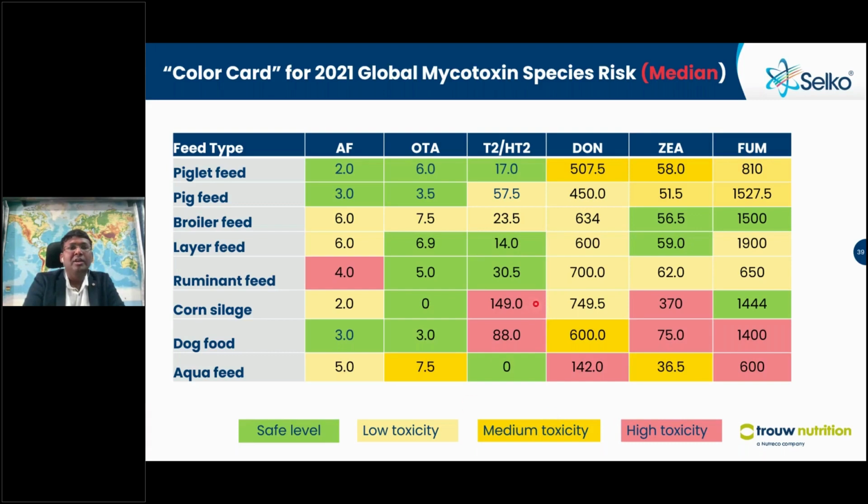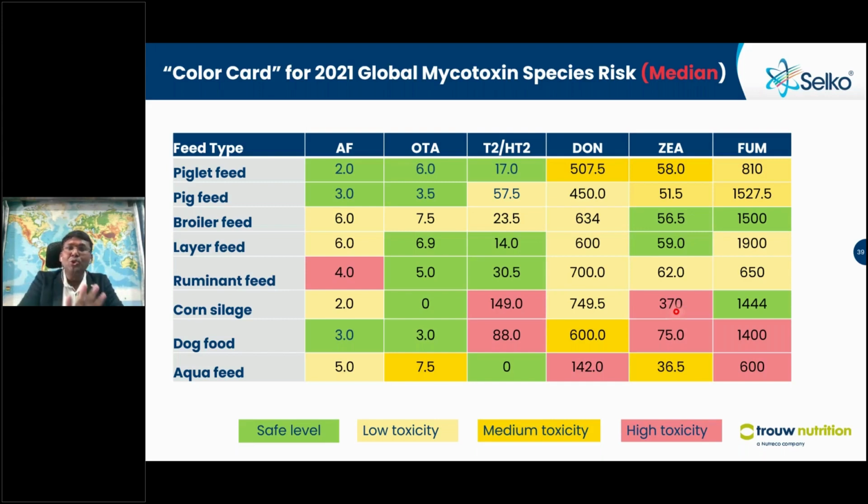Again, I just take an example of corn silage. You see very high toxicity susceptibility for T2 and ZEA, because ZEA can be very toxic to the reproductive system of cows. This is global data for feeds.